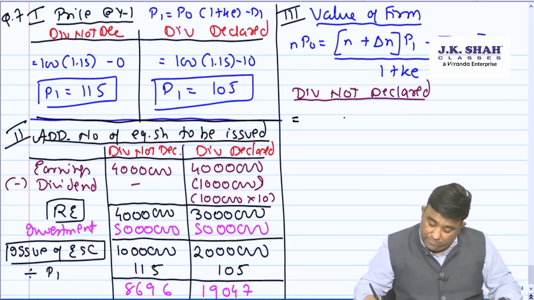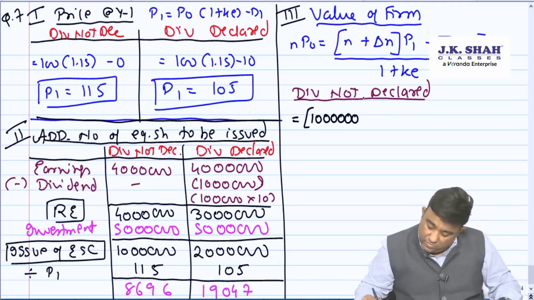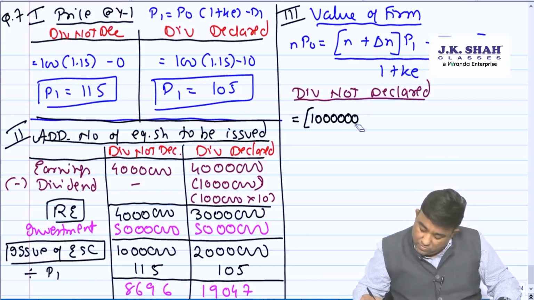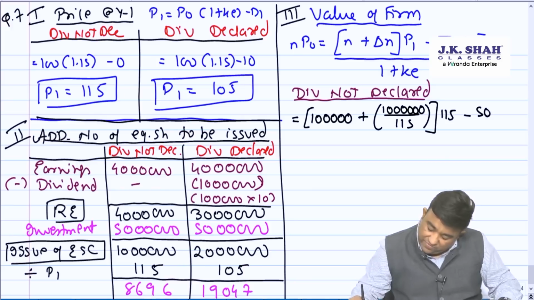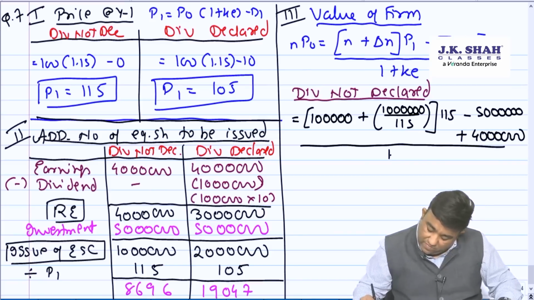This is the number of shares right now, 1 lakh, plus new shares 10 lakh divided by 115, into 115, minus 50 lakh, plus earnings of 40 lakh, divided by 1.15.